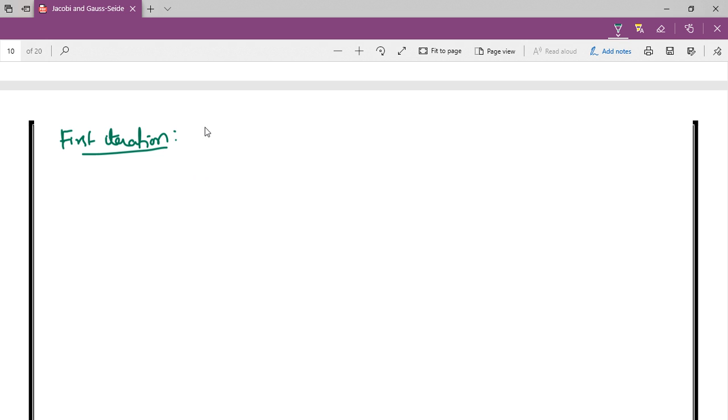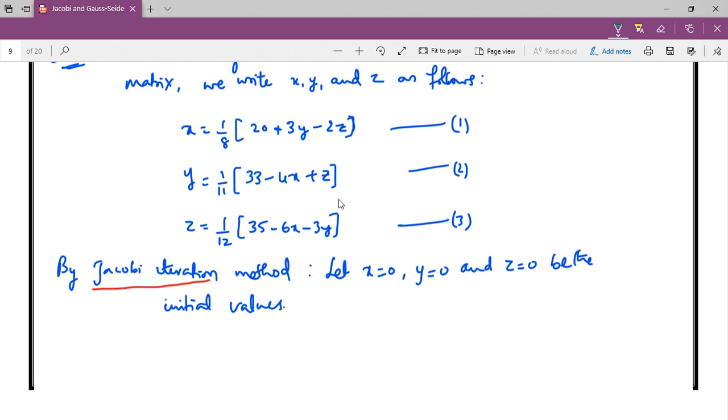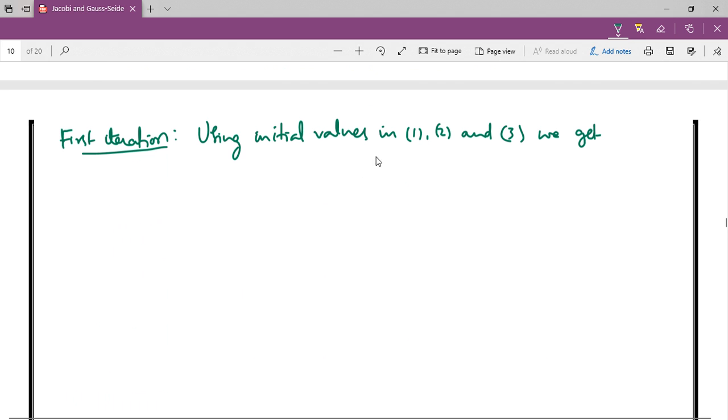Using initial values in equations 1, 2 and 3, we put y0 and z0 to get x1. In the second equation, put x0 and z0 and we get y1, and so on.